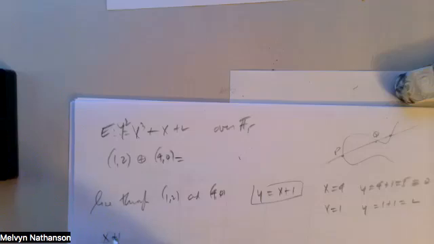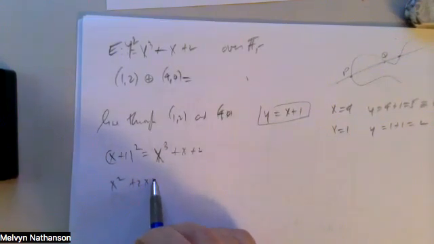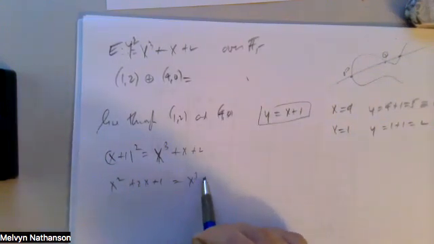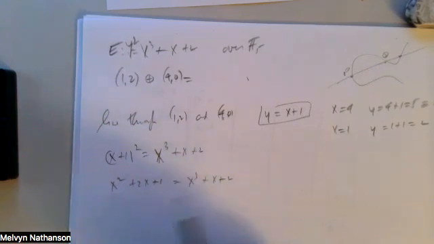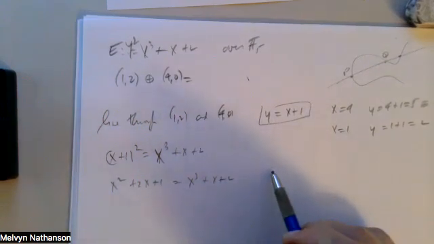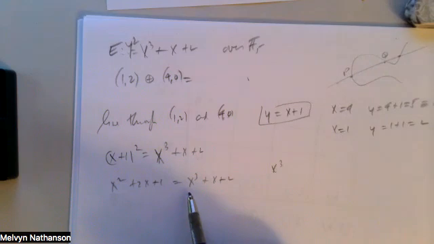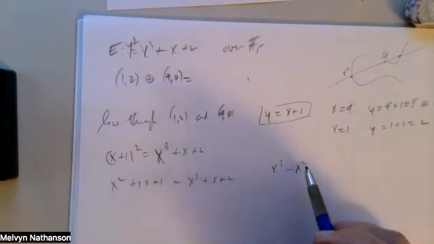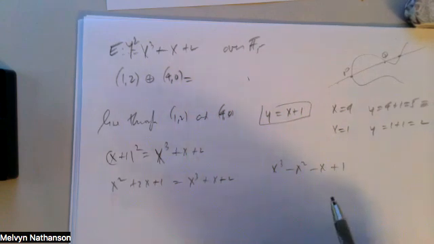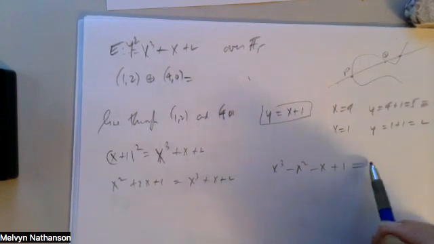So if you substitute x plus 1 for y, you get x plus 1 squared equals x cubed plus x plus 2. X squared plus 2x plus 1 equals x cubed plus x plus 2, or x cubed minus x squared minus x plus 1 equals 0.